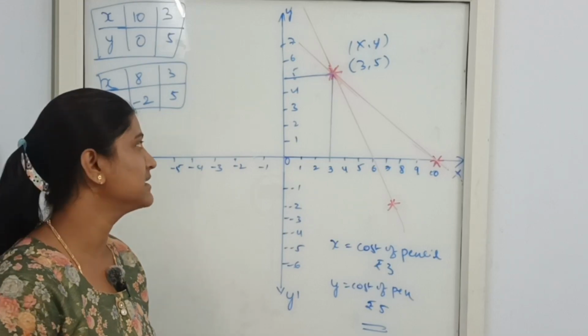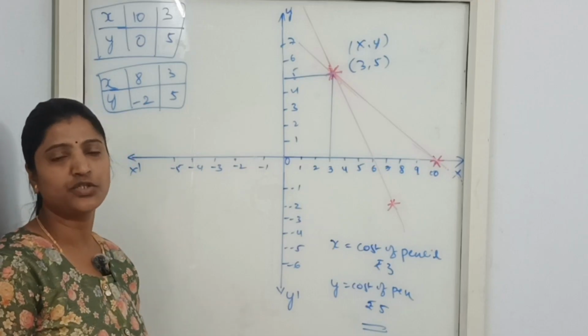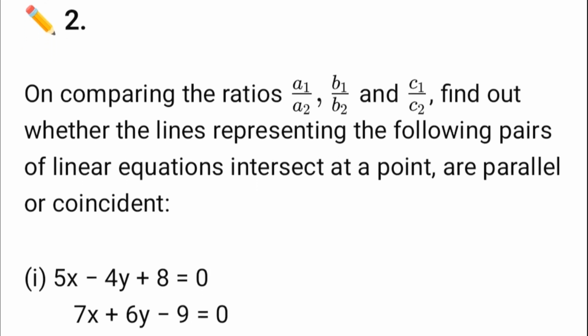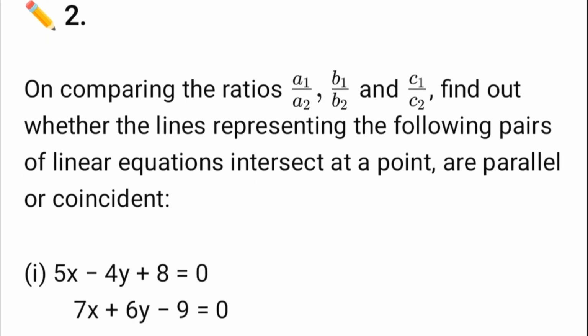Clear? Yes. Let us move to the second question of this exercise. The second question is, on comparing the ratios of A1 by A2, B1 by B2 and C1 by C2, find out whether the lines representing the following pairs of linear equations intersect at a point, are parallel, or coincident.